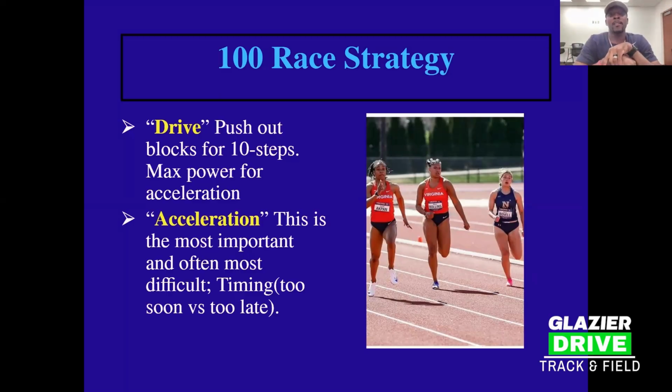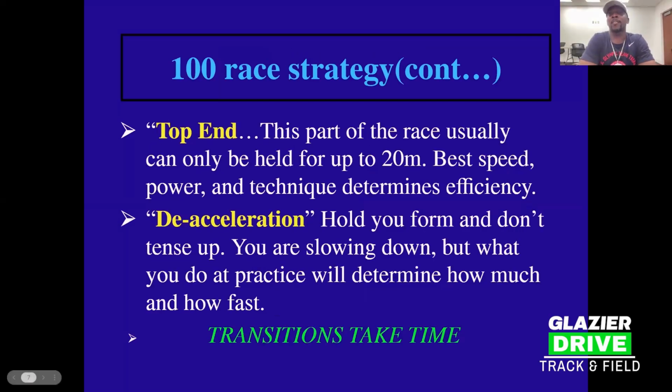Then going to our next slide on this 100-meter race strategy, it says now your top end. So you go from your drive phase to your acceleration to your top end. It says this is the part of the race that can only be held for up to 20 meters. Best speed, power, and technique determine efficiency.